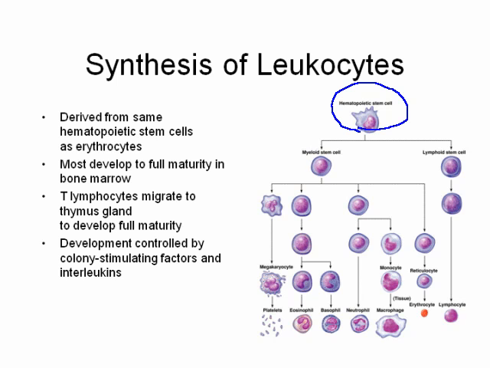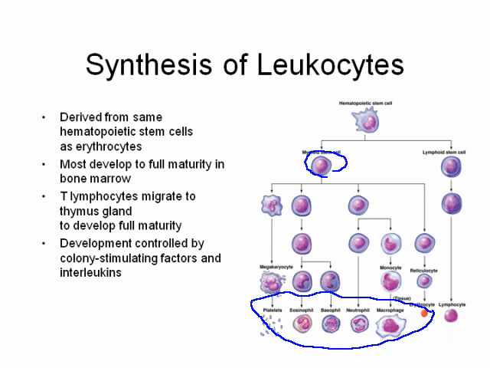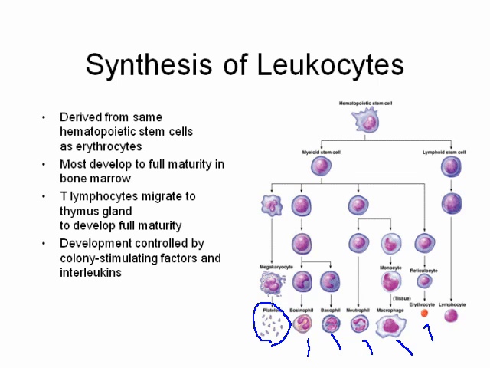So we have our hematopoietic stem cell, which is either going to become a myeloid stem cell or a lymphoid stem cell. Lymphoid stem cells ultimately become lymphocytes. All other cell types we've talked about start out as a myeloid stem cell. So erythrocytes, red blood cells, macrophages, neutrophils, basophils, eosinophils, and platelets all originate from a myeloid stem cell.